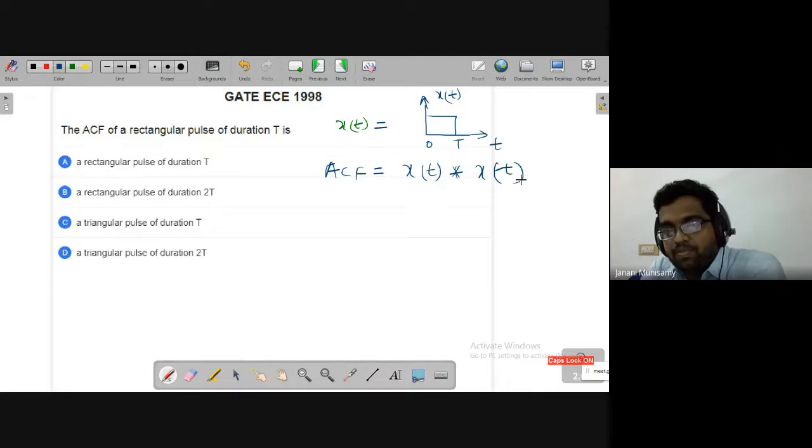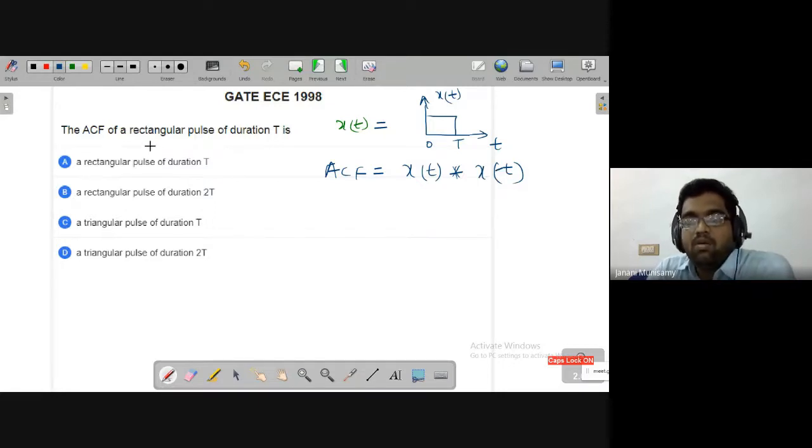Another formula is also there, but this is one of the formulas. For a given signal, you have to find out what is x of minus t. Then you have to do the convolution operation for this rectangular pulse.